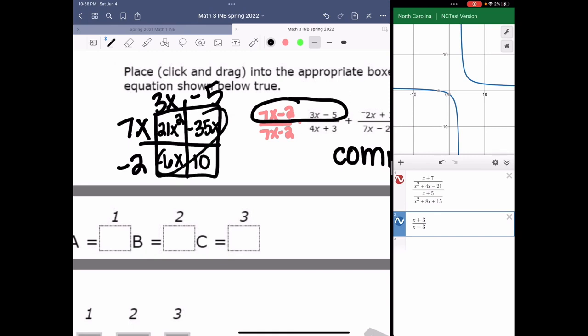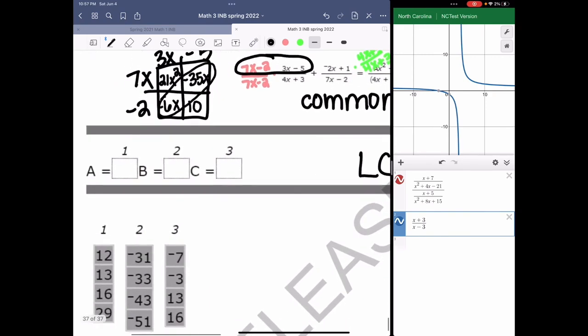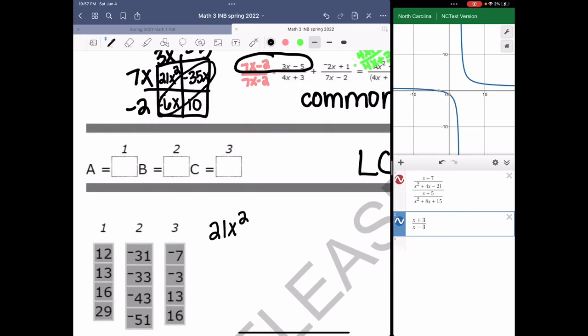Then I combine my like terms. On this side, I have 21x squared, negative 41x plus 10, all over 7x minus 2 times 4x plus 3.